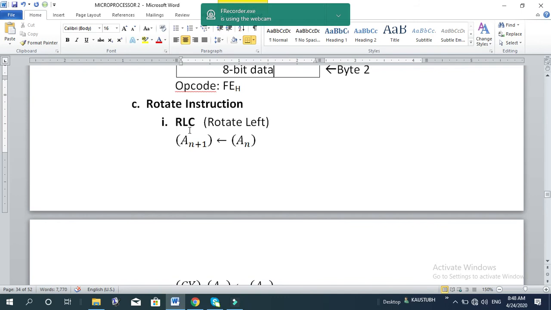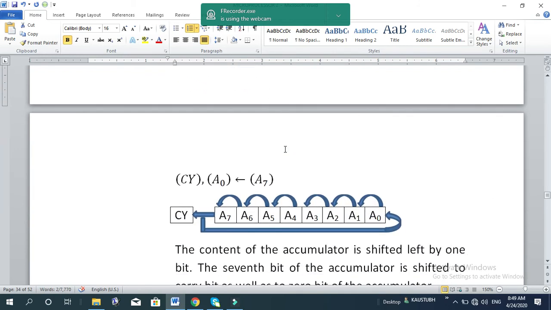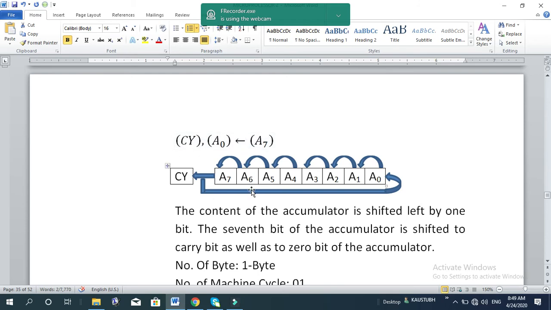So A0 shifts to A1, A1 goes to A2, A2 goes to A3, then A3 goes to A4, A4 goes to A5, A5 goes to A6, A6 goes to A7.